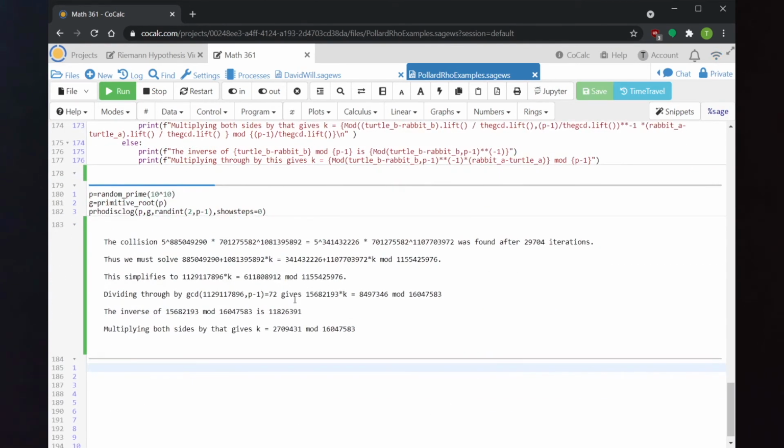Note in this particular instance, this GCD of the coefficients ended up being 72, which means that actually this one run through this algorithm narrows the k's I have to check down to 72 possibilities. Now, for a 10-digit number, checking 72 possibilities is not that bad, so even though this would be annoying to do by hand, in terms of the additional work that you'd have to do to go from here to a complete solution, it's actually pretty small.